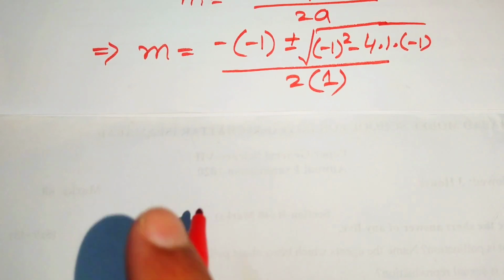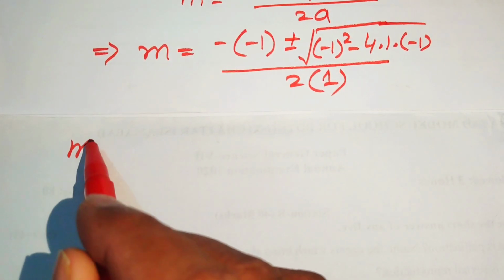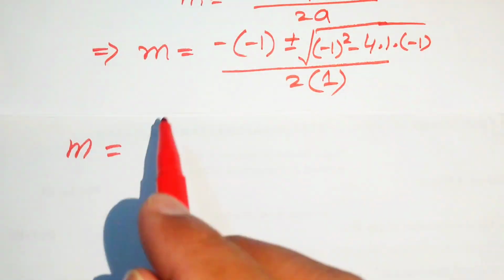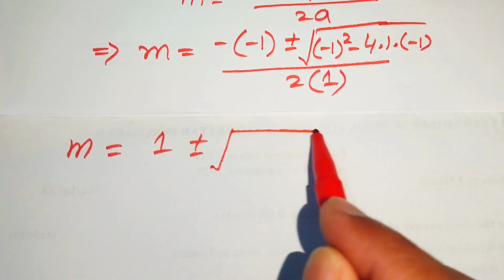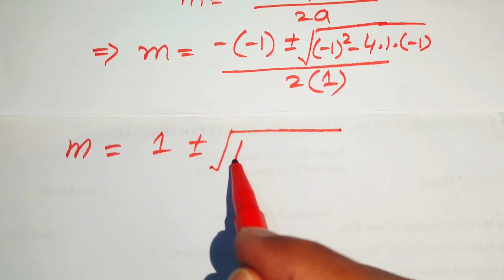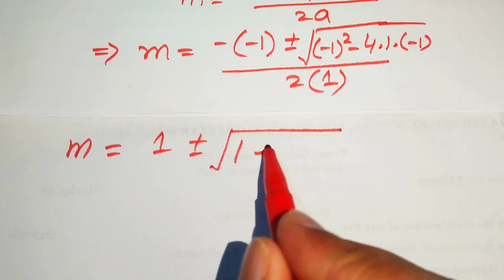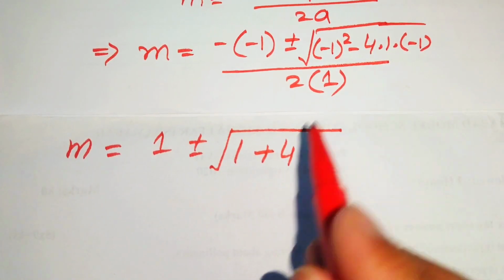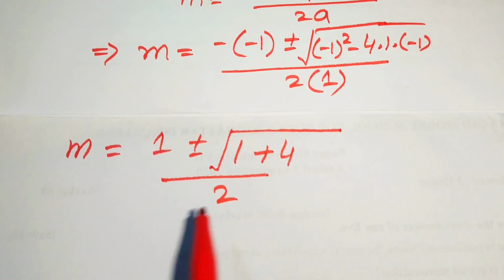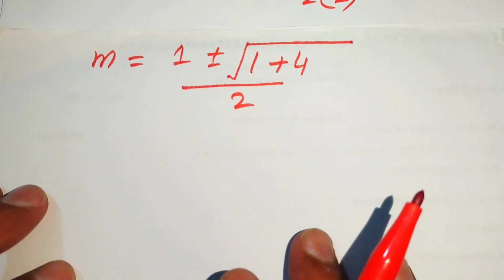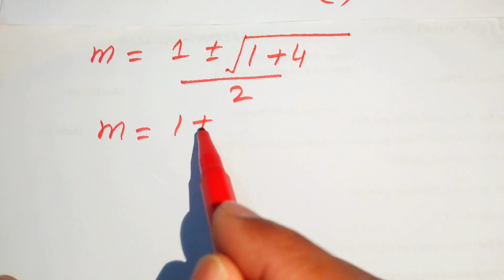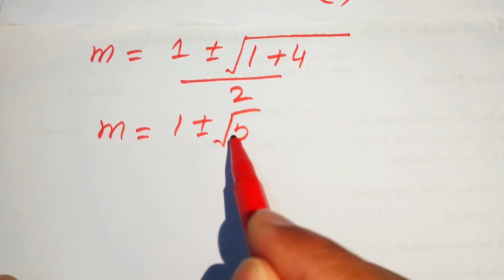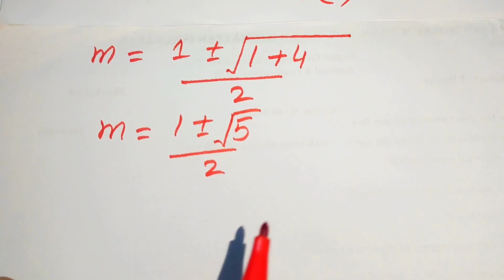After some simplification, we get m equals minus times minus becomes plus 1 plus minus square root of minus 1 squared equals plus 1, and minus times minus becomes plus 4 times 1 is 4, divided by 2 times 1 is 2. So the other two roots of the given equation are 1 plus minus square root of 5 divided by 2.